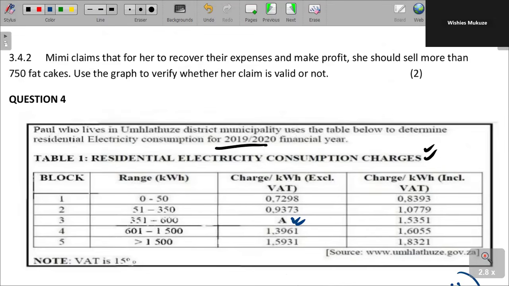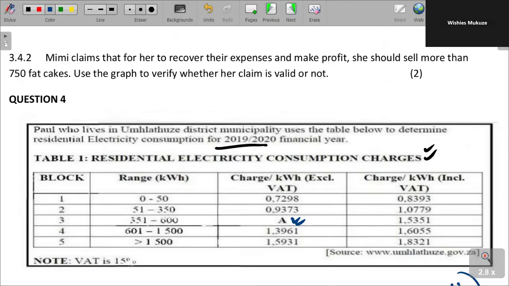A can be calculated by dividing by 115%, which is 1.15 VAT. I'm sure that we know that VAT is at 1.15.